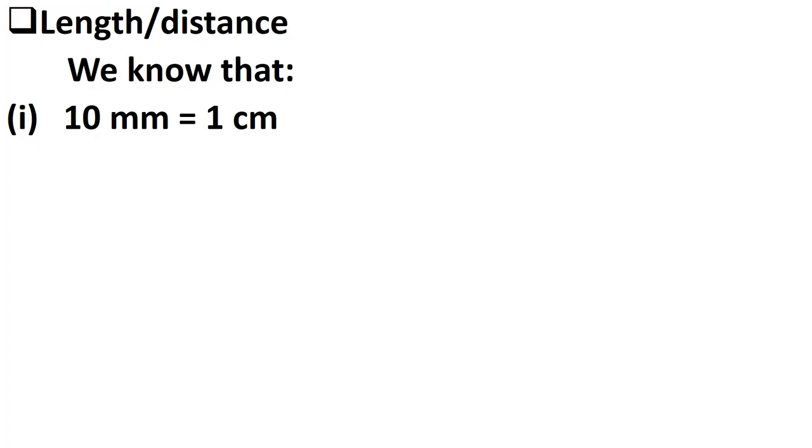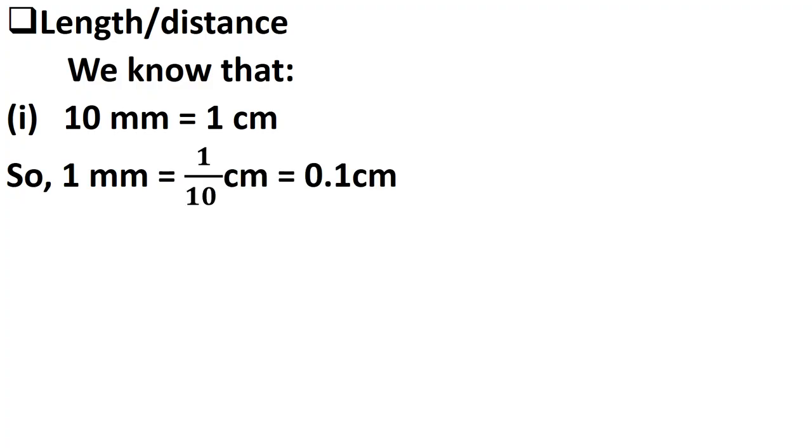So here we are going to convert millimeter into centimeter. 10 millimeter equal to 1 centimeter, so 1 millimeter equal to 1 upon 10 centimeter. Whenever we have to convert millimeter into centimeter, we will divide it by 10, and then we will place decimal accordingly.